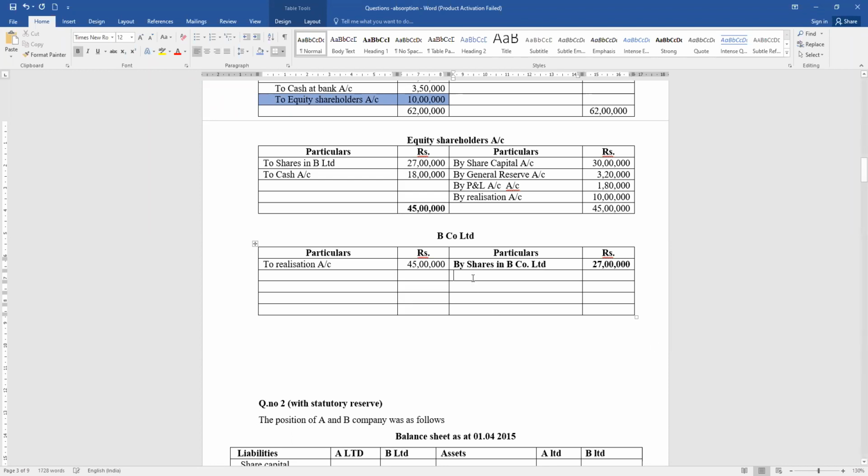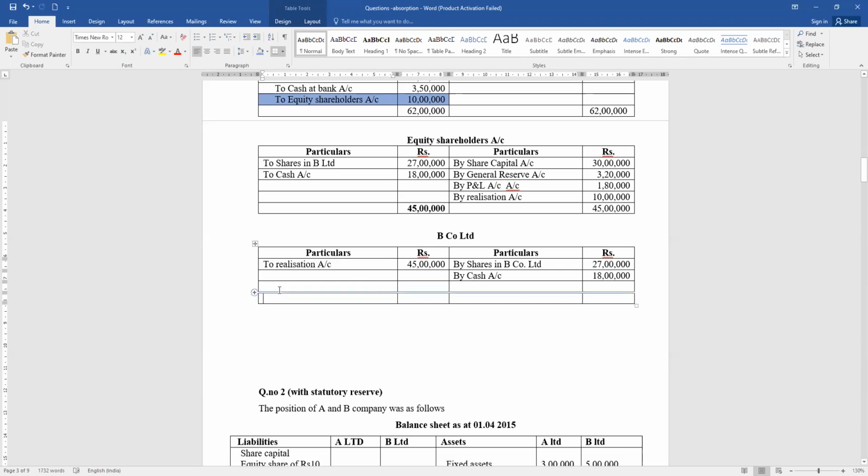And not only that, they are going to pay cash also, cash account 18 lakhs. The credit side shows what they are paying, that is discharge of purchase consideration. So tally, that's all. Now write the total. The total is 45 lakhs. So it is tallied.